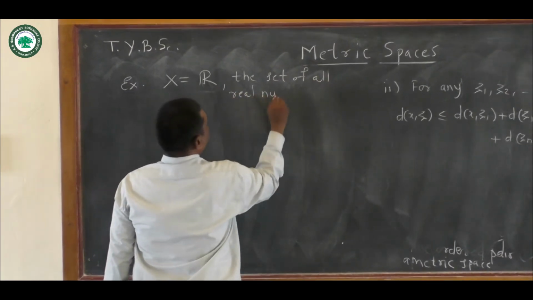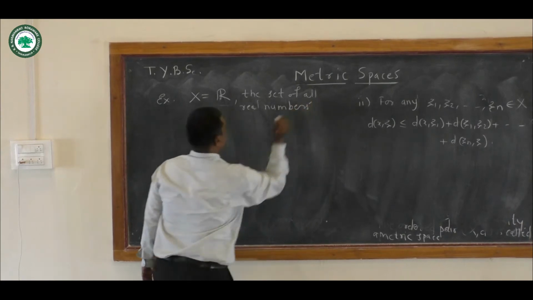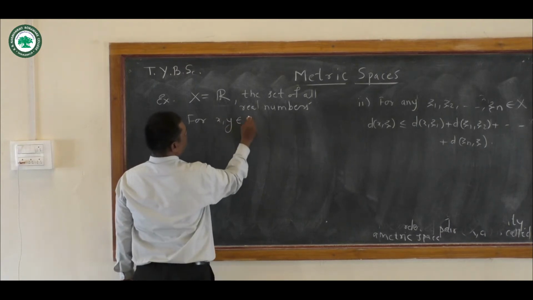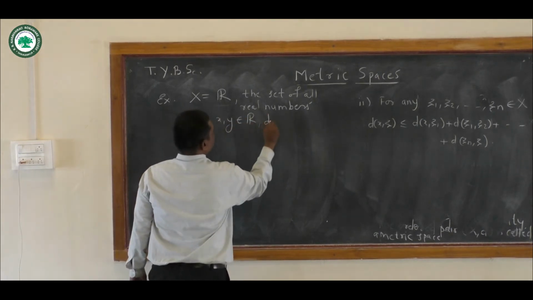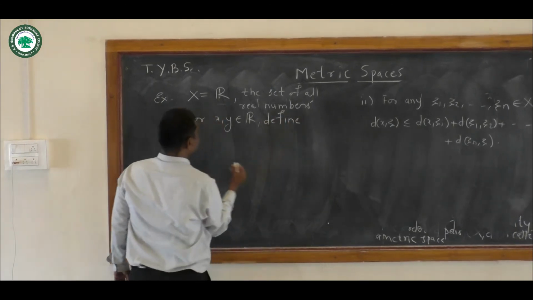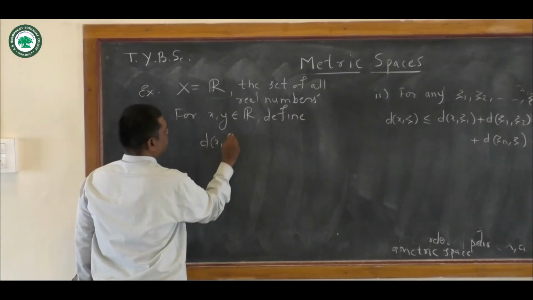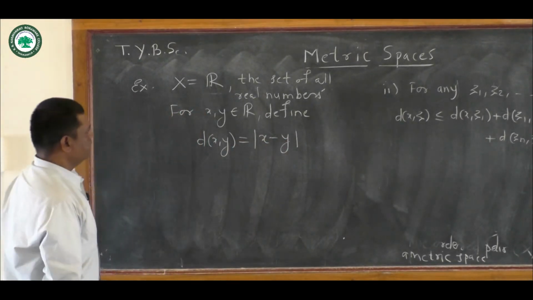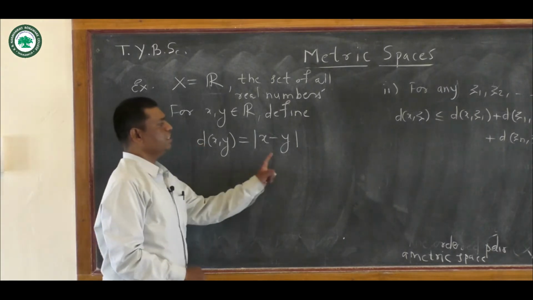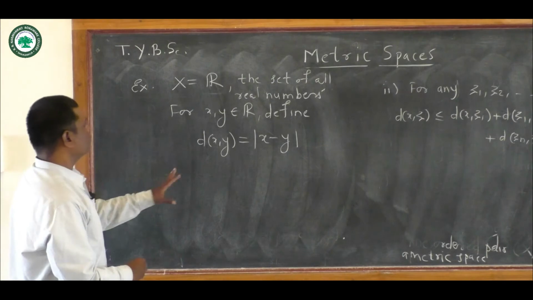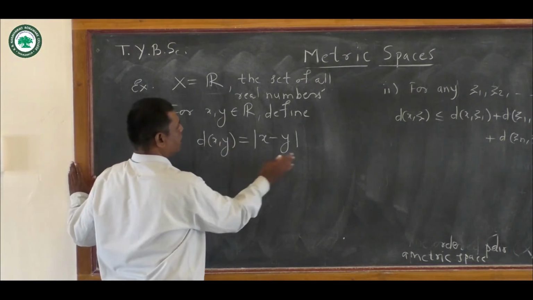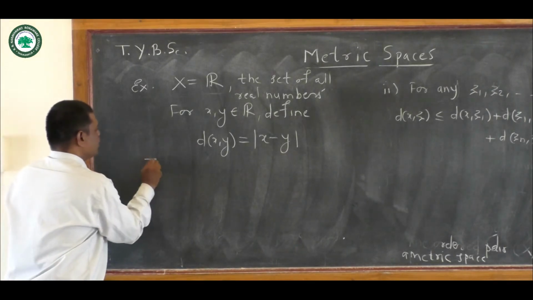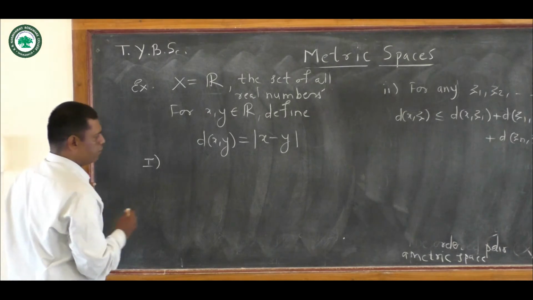For x and y belonging to R, define the metric function D of x comma y equal to the absolute value of x minus y. Now we are going to prove that D of x comma y equal to mod of x minus y is a metric function. First we are going to prove non-negativity.